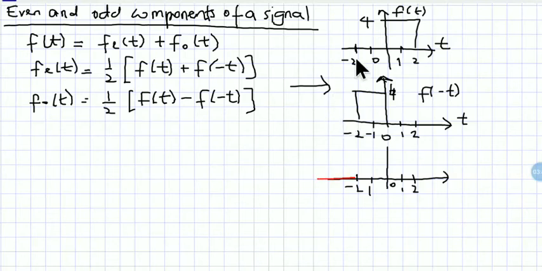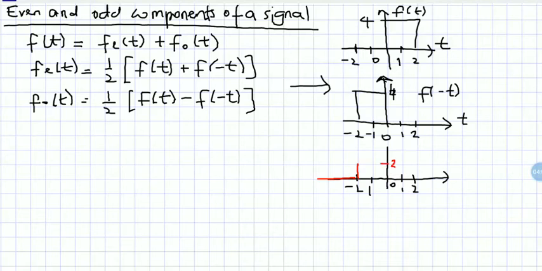Then you see that there's still 0 there, but there's value 4 here for f(-t). So it's 0 plus 4 is 4, divided by 2 is 2. It's positive 2.